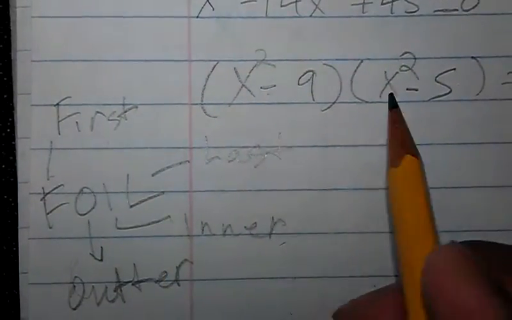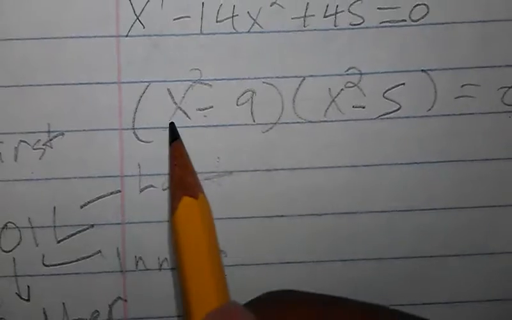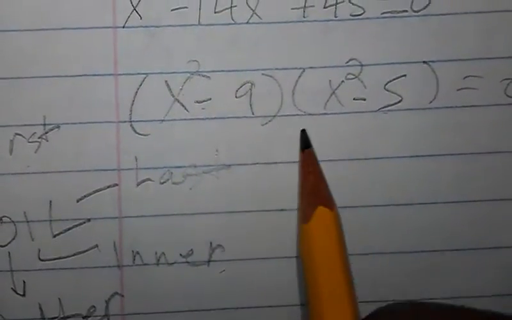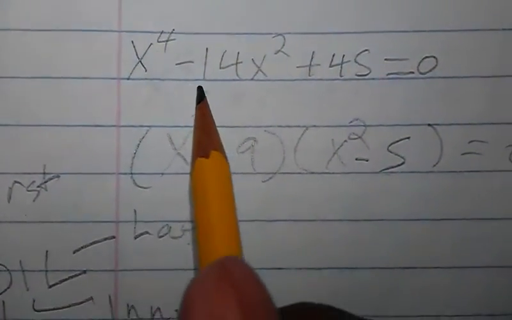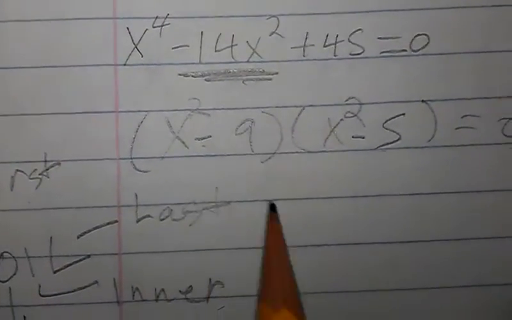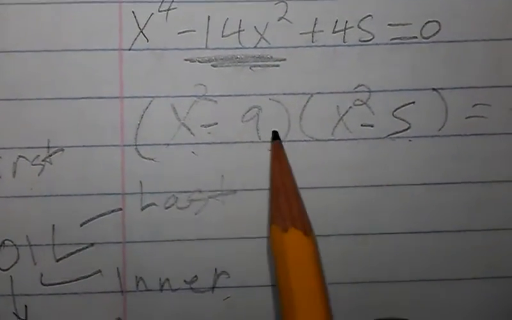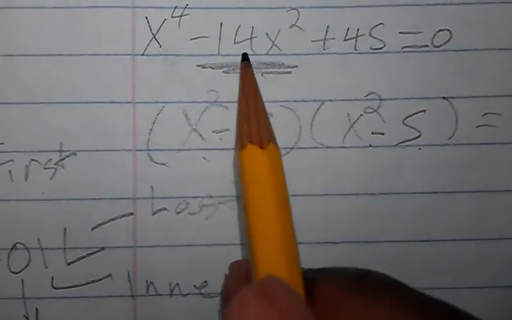And this is what we do in the FOIL method. But I'm just going to use this way of multiplying the two outer terms and the two inner terms to get this middle term right here. So I'm not going to really use the FOIL method in this case. I'm just going to multiply the outer terms and the inner terms to get what I want.